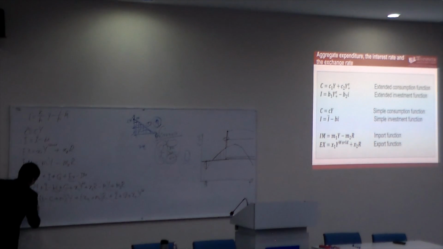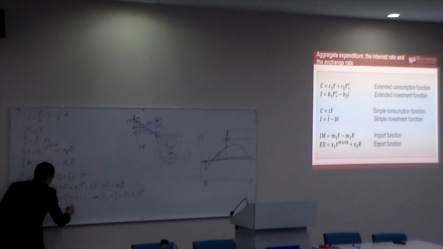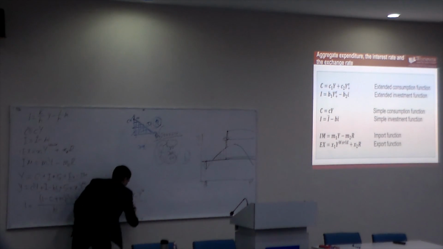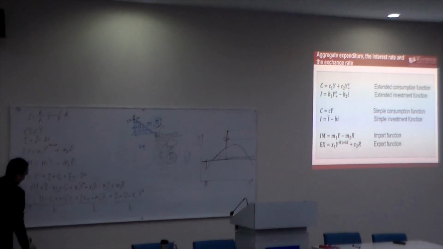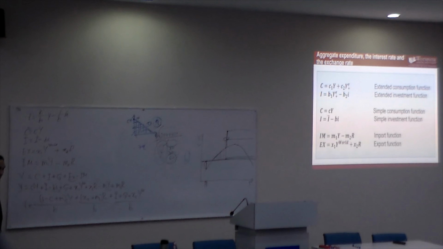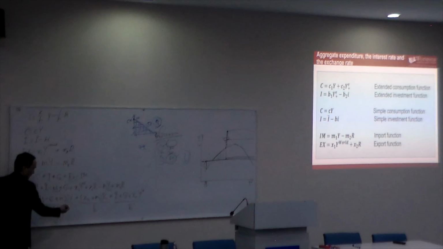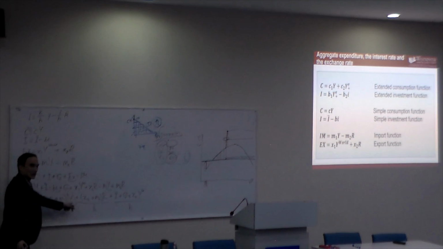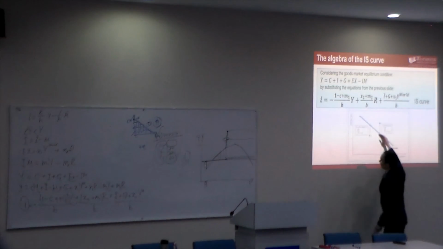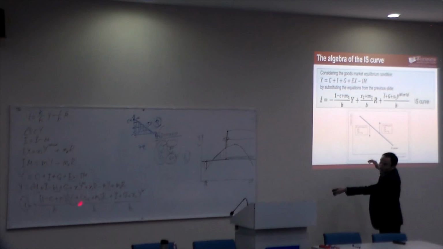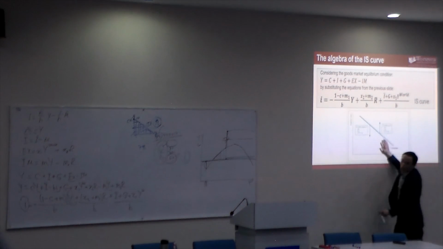If I divide both sides by B, then it will give us the interest rate equal to these terms divided by B. And it has this minus sign, which gives us the IS curve, which is negatively related with output. Yes? And these factors define how our IS curve is going to shift.